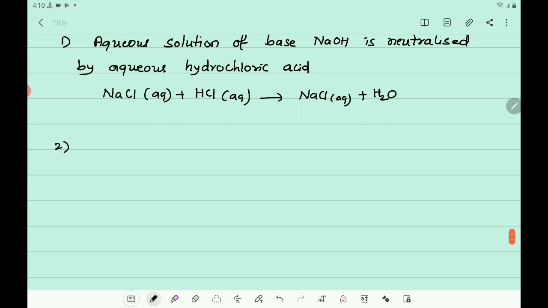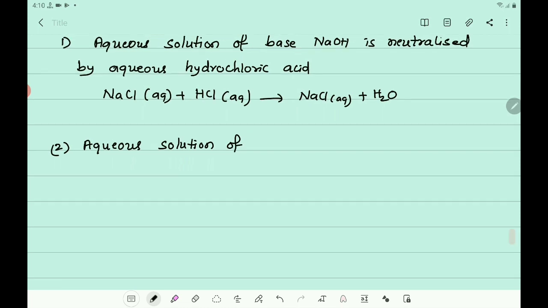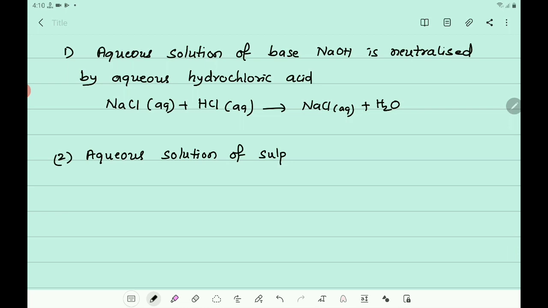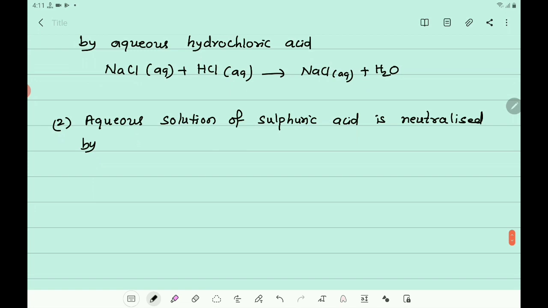That is one example. For the second one, we can give: aqueous solution of sulfuric acid is neutralized by an aqueous solution of sodium hydroxide.